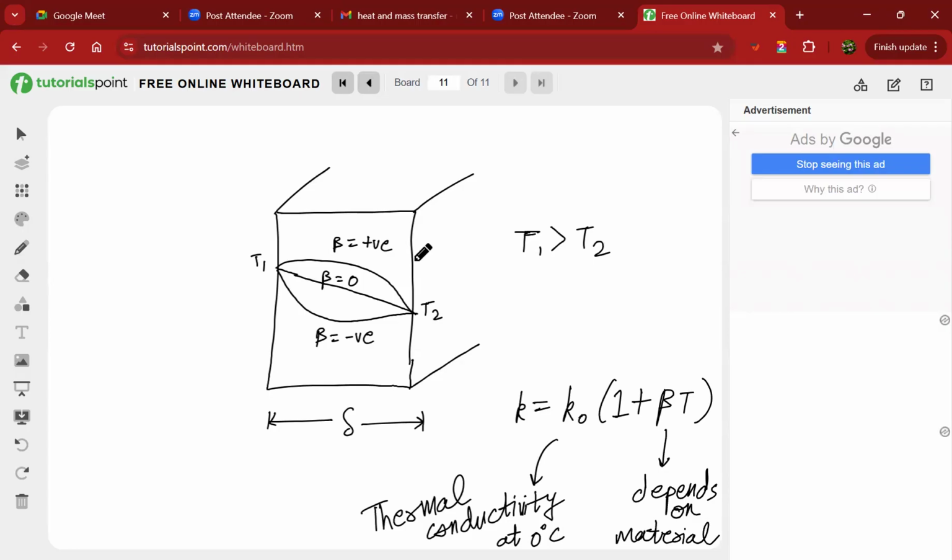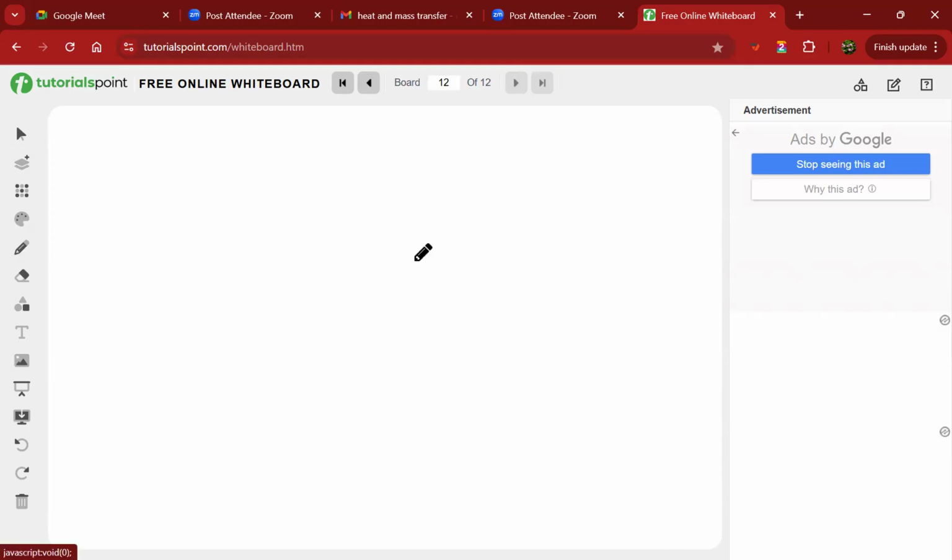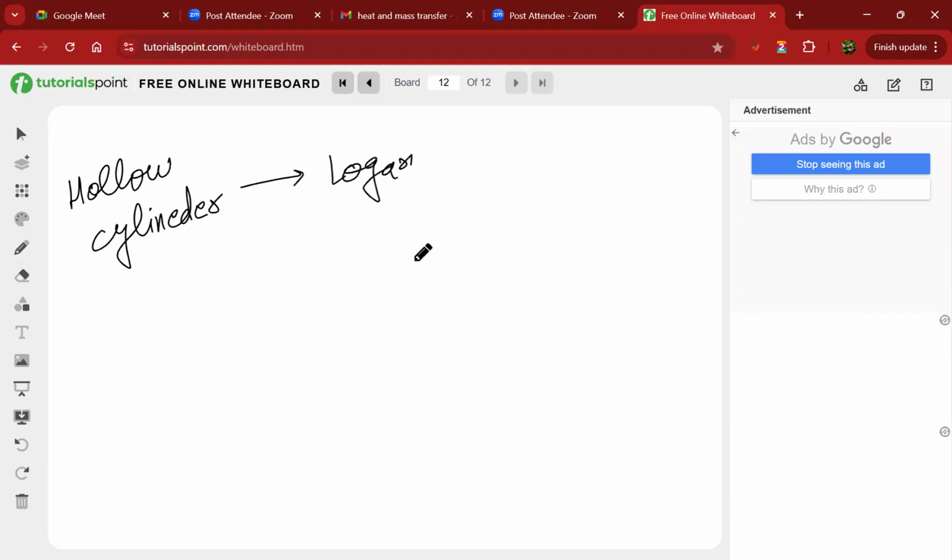Okay. So now here we talked about only the rectangular slab. What about the case of a hollow cylinder? In case of a hollow cylinder, we must remember one thing: we are having a logarithmic temperature variation with respect to radius.